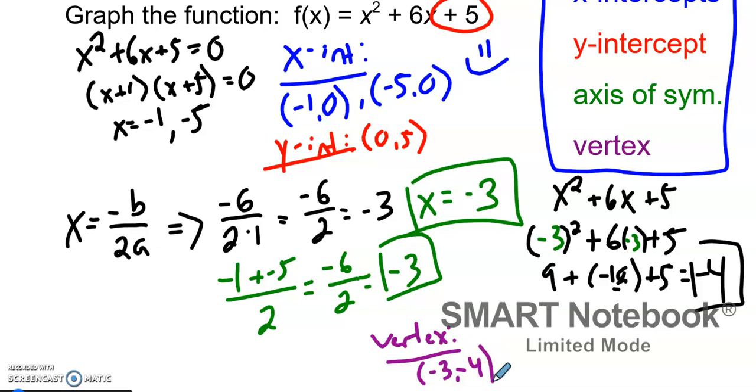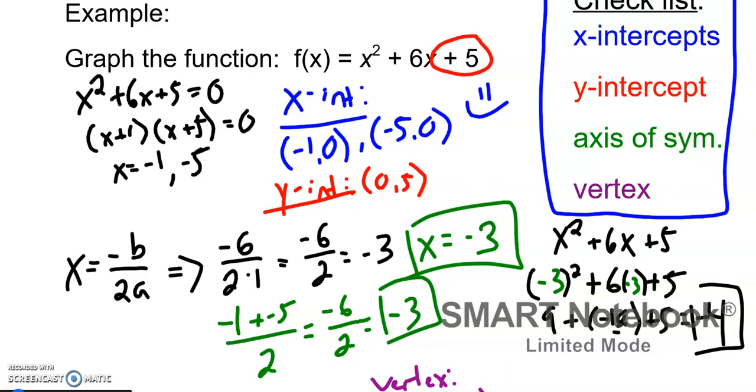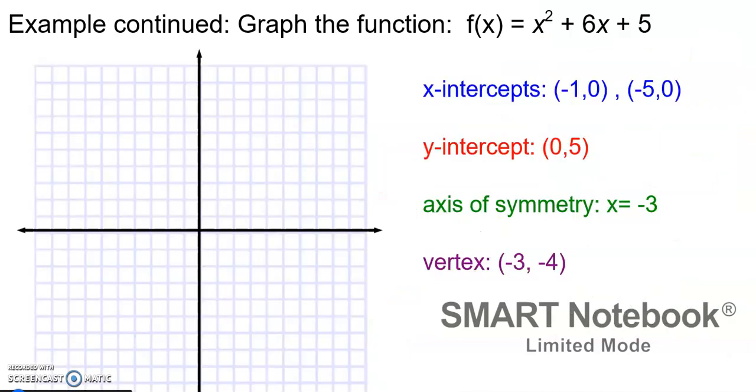So now we have all of these checked off from our checklist. We can go and graph it. So over on this slide, I've already transferred everything over, and we're just going to start graphing. Well, the x-intercepts are -1 and -5, that's 2, 3, 4, and 5. My y-intercept is 0, 5, so 1, 2, 3, 4, and 5.